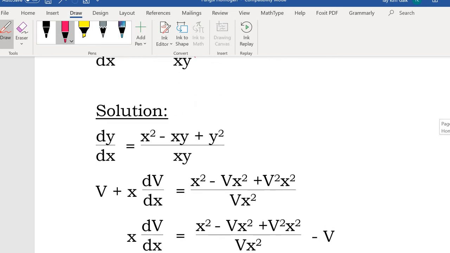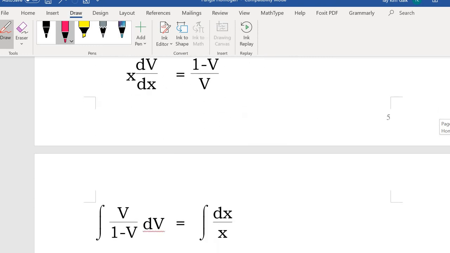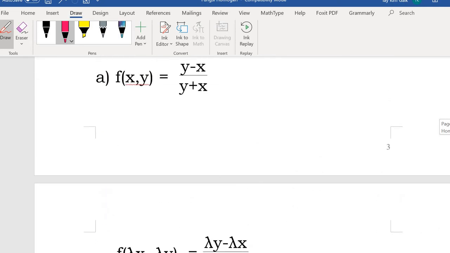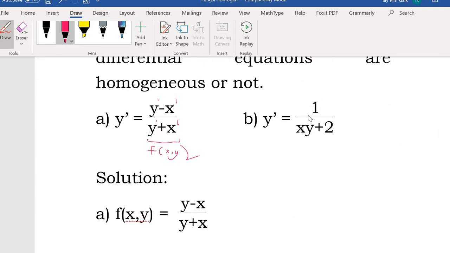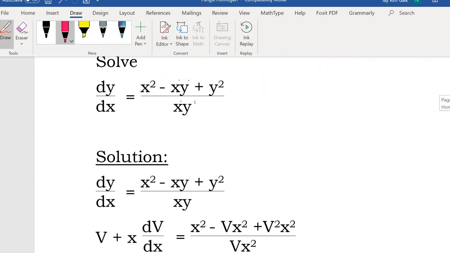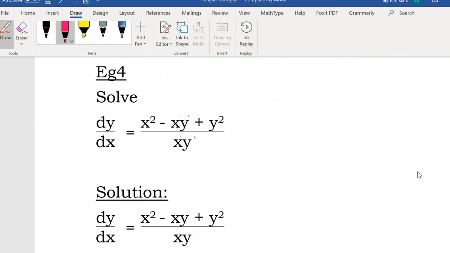However, you still need to actually show it. Before you solve it using the homogeneous equation method, you have to quickly check what your f(x,y) is. First step, when you look at here, dy/dx equal to f(x,y).